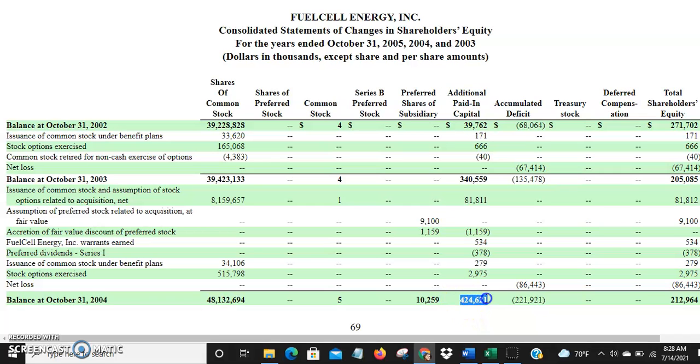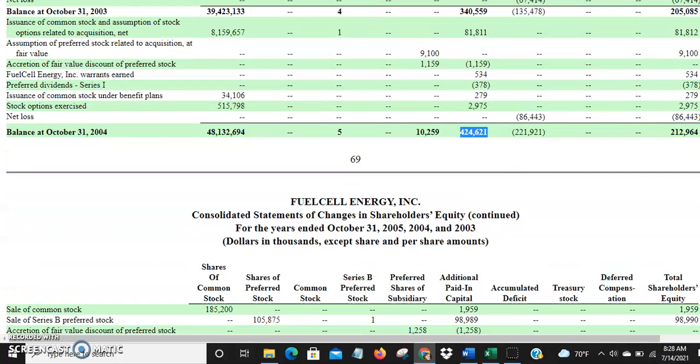So they kept increasing. They're going back every year. Since 1997, they keep going back to investors, and they keep asking for more money, and they keep making losses, and these losses are accumulating. From 135 it went to 221 million, and like that.